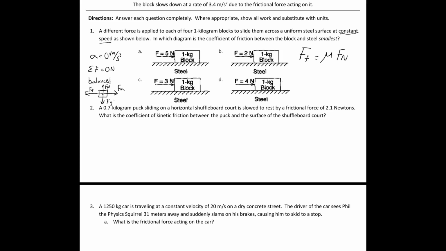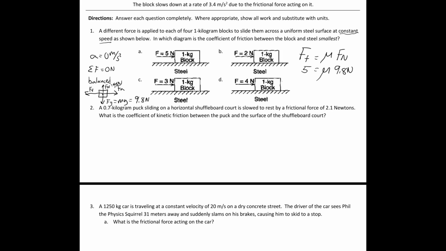All right, if Fg is equal to mg, and each one is 1 kilogram, they make it easy for you. So it's 1 times 9.8 meters per second squared. So the weight of each block is 9.8 newtons. So that's easy. So every time you plug in a 9.8 newtons here, and this is the coefficient, and you just plug it.